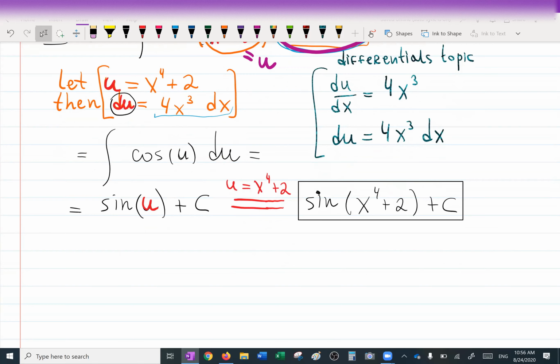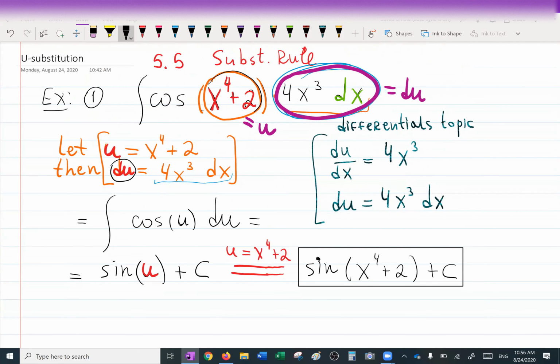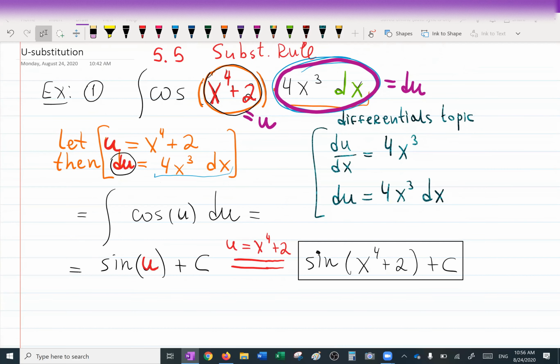Let's choose whatever is inside to be just some letter, and people like U-substitution, so they call it U. By making this substitution, you made the whole integral easier, and the integral of cosine of X to the 4 plus 2 times 4x cubed dx is sine of X to the 4 plus 2 plus C.